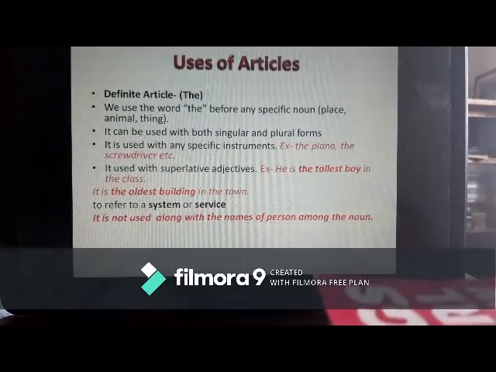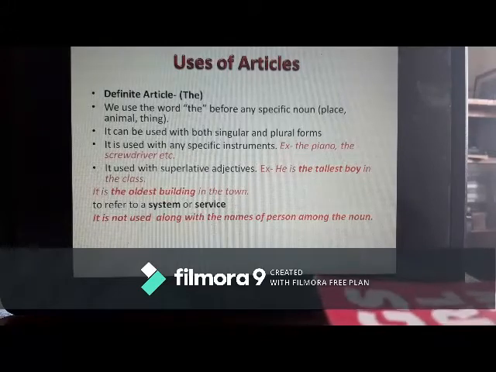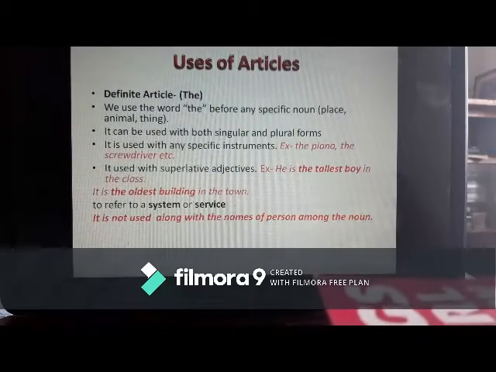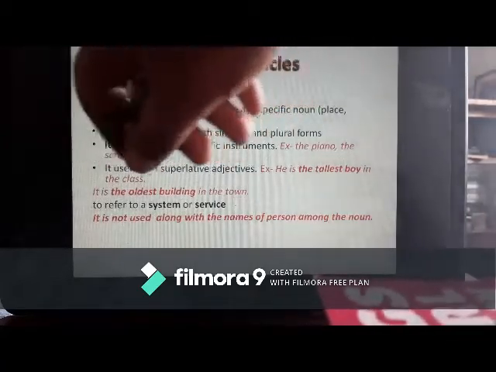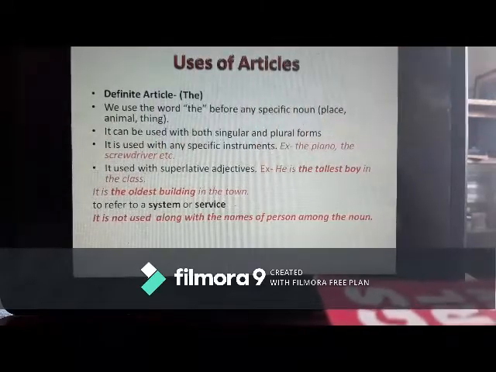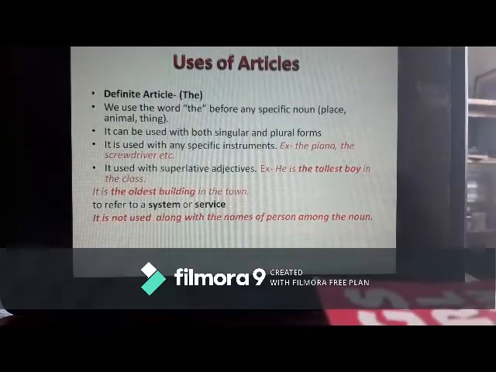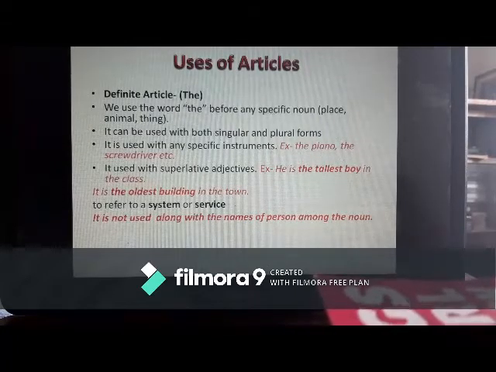Okay, here we will be very short, because here you just need to know that these articles are also a part of determiners. Okay, and in brief, you should know how to use the and where it can be used. It doesn't matter if it is a singular form or a plural form, we can use the. It is used with any specific instruments.